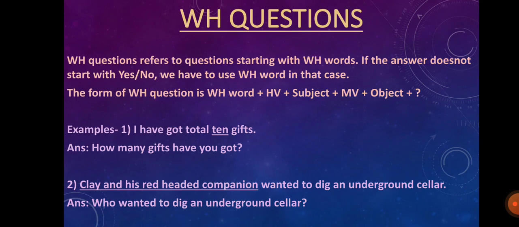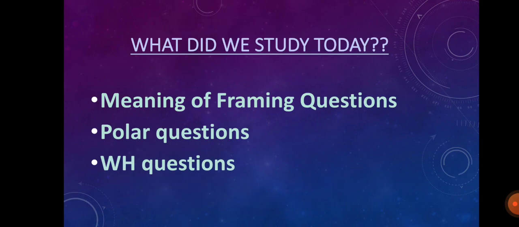So I hope that students you have understood about these two types of framing questions, that is polar questions and WH question. So now let's revise what we had studied today. So what did we study today? First we started with the meaning of framing questions. Framing questions with helping verbs or with WH word.